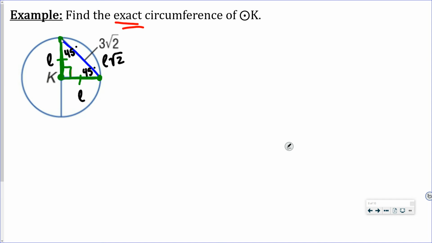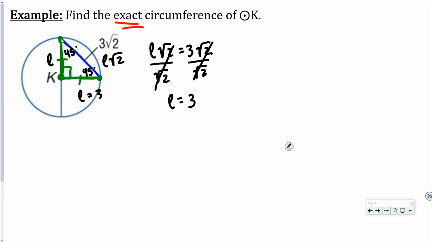Okay, that blue segment's my hypotenuse. So L root 2 is 3 root 2, meaning L is what, folks? Just 3. Yep, let's cancel. L is 3. Meaning my radius is what? Also 3. That's what one of those legs are.